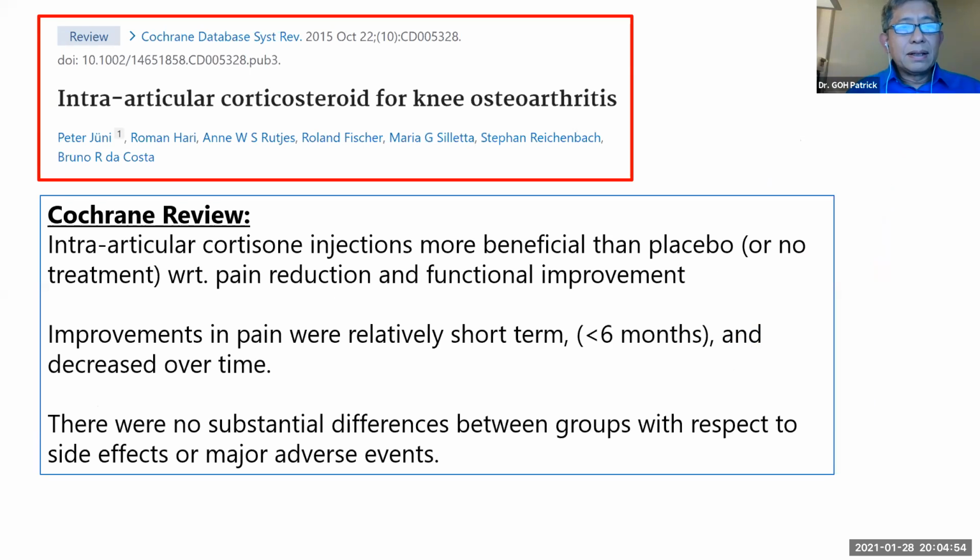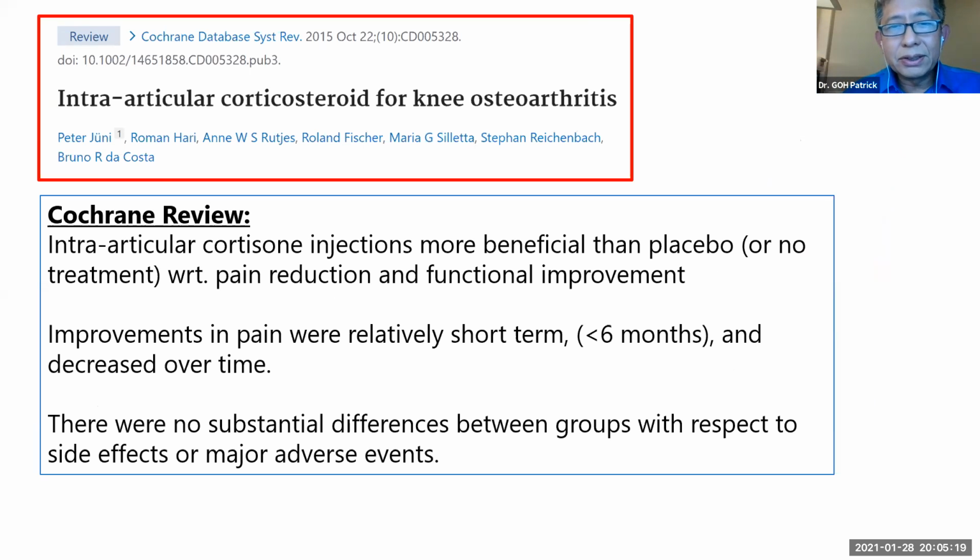So the Cochrane review, all of us look at Cochrane, which is supposedly right at the top of the pyramid. It's a good meta-analysis. And the outcome of the review is that intra-articular cortisone injections are more beneficial than placebo or no treatment. And we all know this pain reduction and functional improvement can occur.